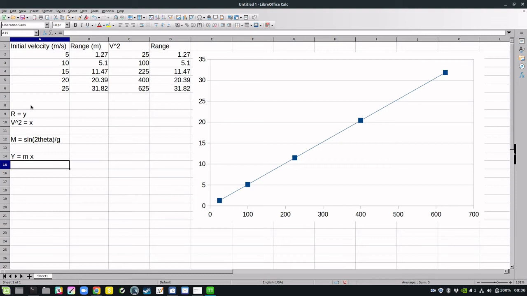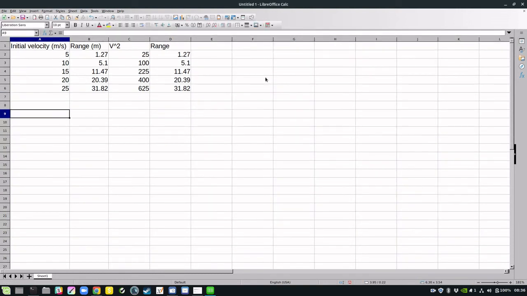And so if you make the thing on the x-axis be whatever is directly proportional to y, then you should get a linear relationship. Now that's going to become useful here in a moment when we test our theta relationship.